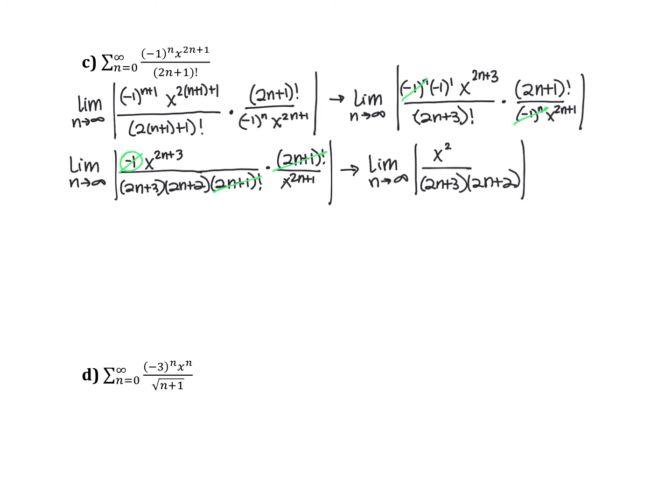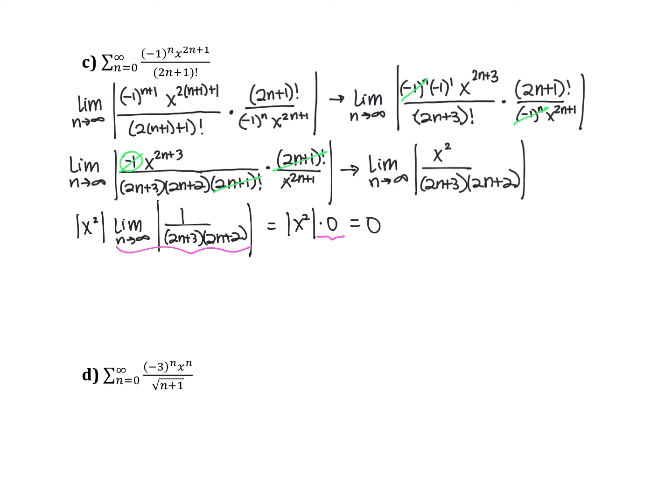Now, if I'm taking the limit as n approaches infinity, what I have then is the absolute value of x squared, which will always be positive, times the limit as n approaches infinity of 1 over 2n plus 3 times 2n plus 2. What is that limit? Well, that limit's 0. So what I really have is x squared times 0, because this limit right here is 0. So I get 0.